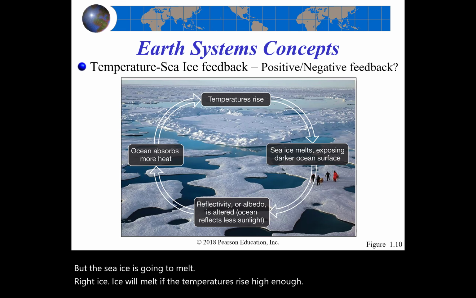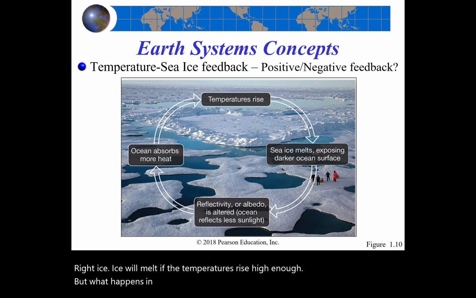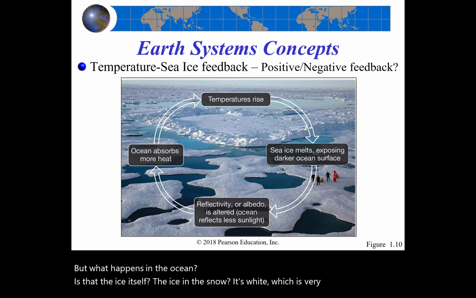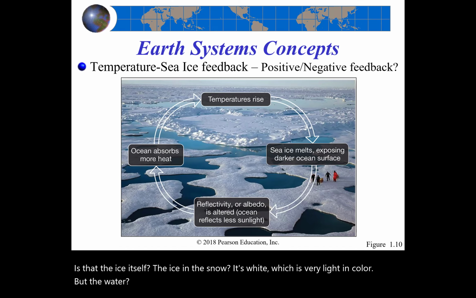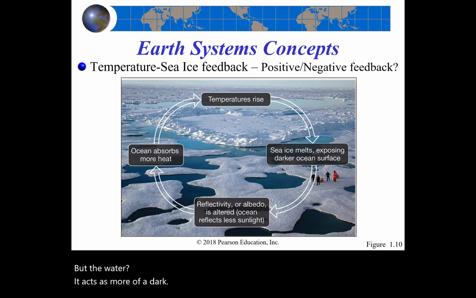But what happens in the ocean is that the ice itself, the ice and the snow, is white, which is very light in color. But the water itself acts as more of a dark color. And so if we're looking at sunlight, sunlight is going to absorb into the darker ocean.